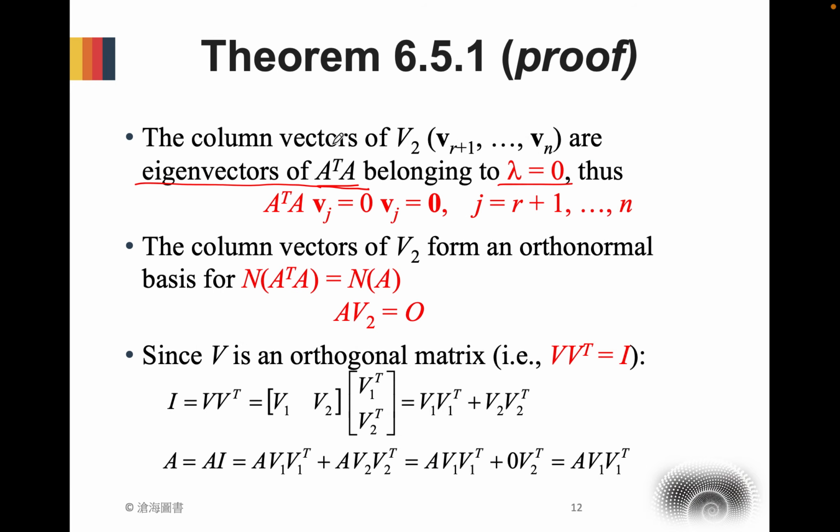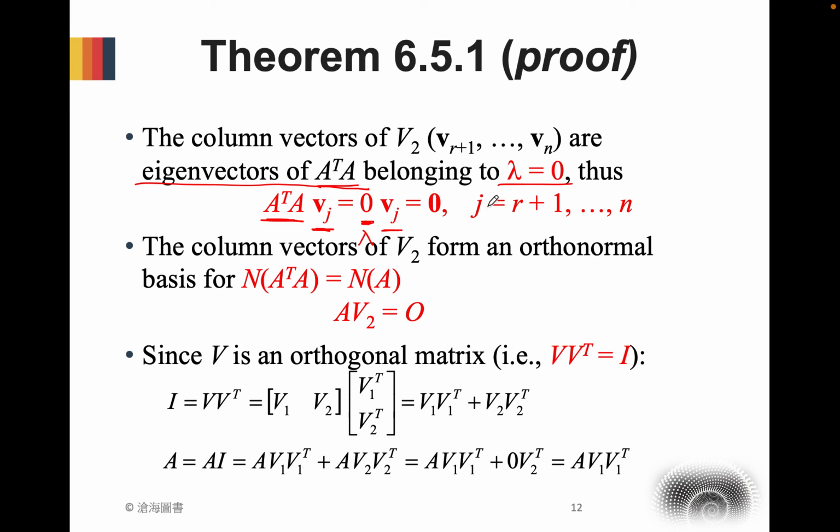So the last n minus r eigenvectors satisfy the following property: A transpose A times vj is equal to 0 times vj, because vj is an eigenvector of A transpose A with eigenvalue 0, which is the 0 vector.